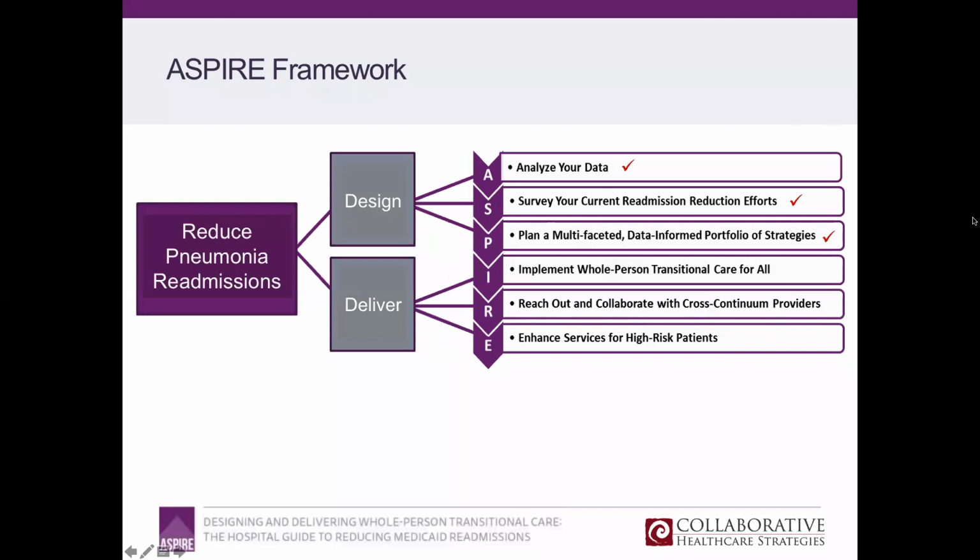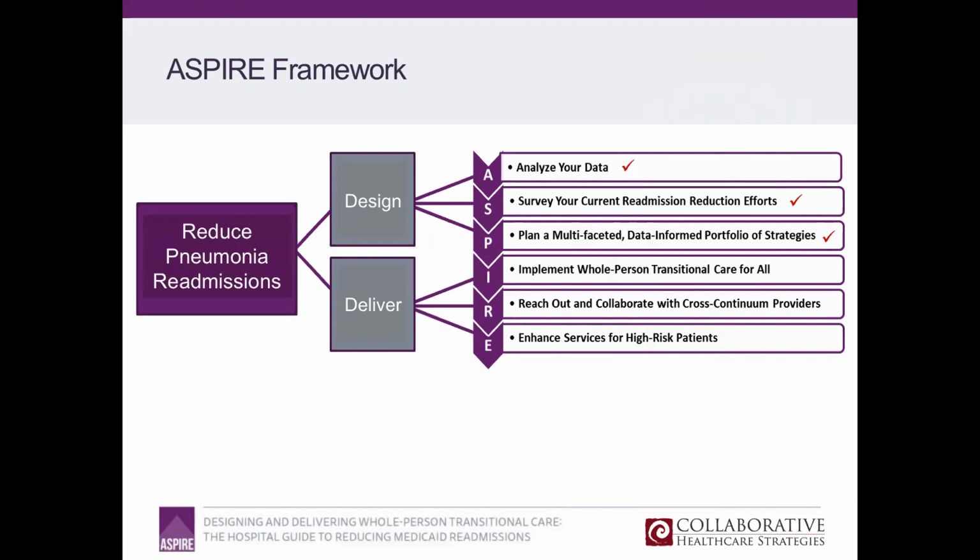Well, then, after this webinar, we'll move into deliver, and we'll cover what I'll describe to you today as a multifaceted portfolio of strategies. And the portfolio of strategies is the deliver box. And that might include improving what we do while the patient is with us and immediately upon their transition out of the hospital.